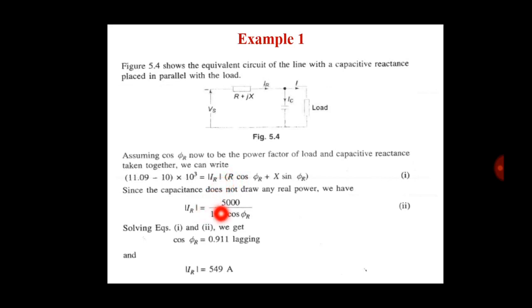Find IR is equal to 5000 divided by 10 into cos phi r. So here cos phi r is equal to 0.911 lagging, and IR is equal to 549 ampere. From these two equations, the value of IR is put in this equation to find the values of cos phi r and IR.